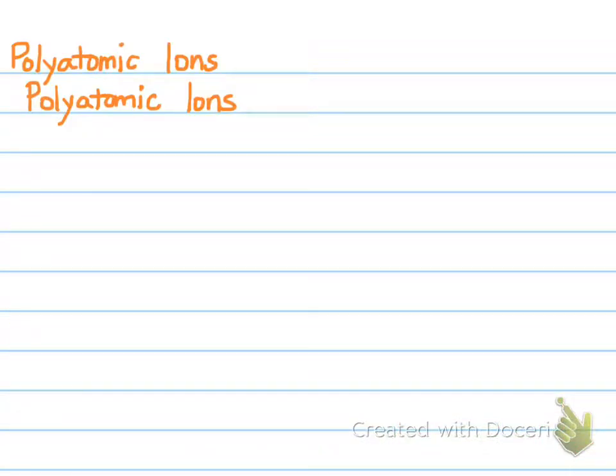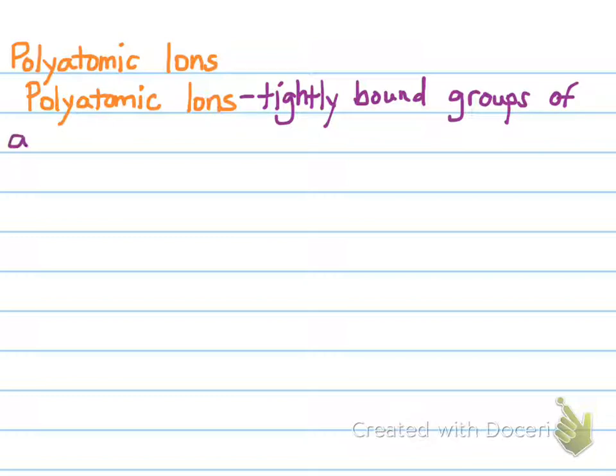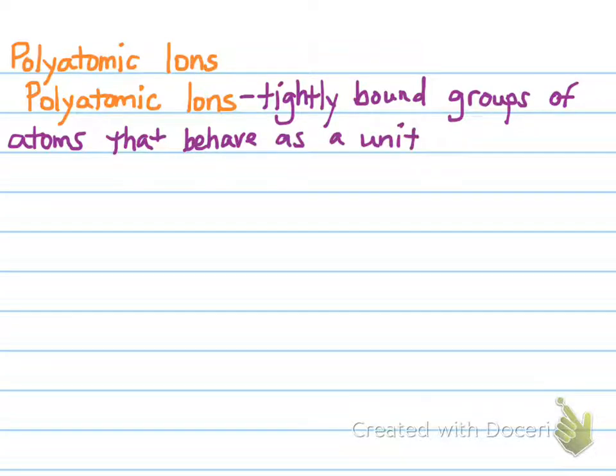So the last thing we have to talk about are polyatomic ions. Now you have a helper sheet that has some polyatomic ions on it that you're memorizing. The definition of polyatomic ions is that they are tightly bound groups of atoms that behave as a unit and carry a charge.